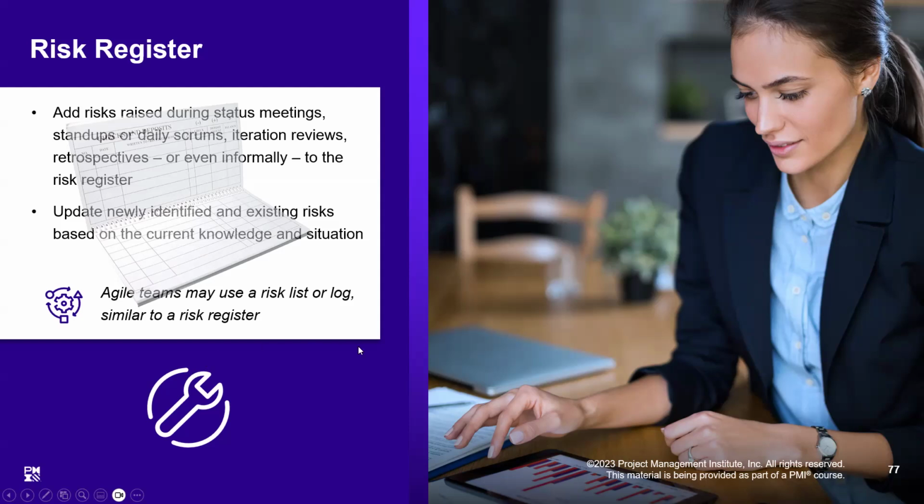In an agile project, as I have already explained, the risk management is slightly different. It is done on an iteration basis. Moreover, there is another difference within agile. We don't really call it a risk register in agile.